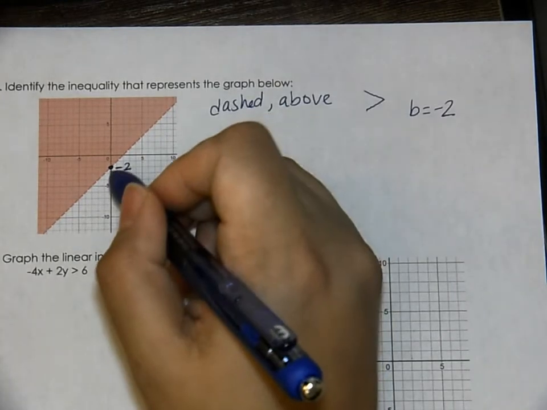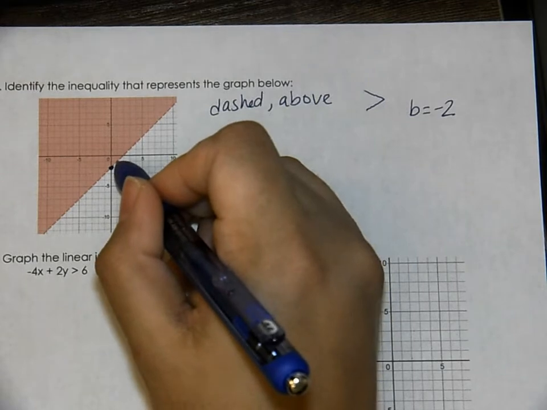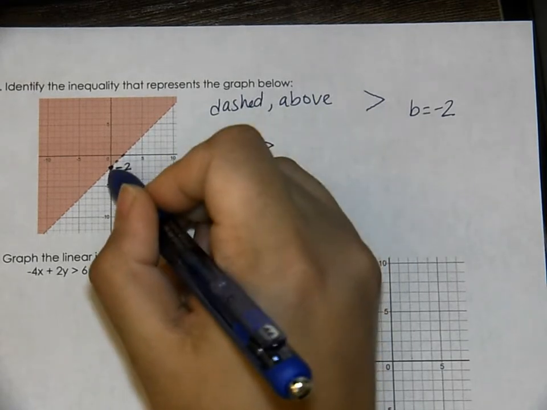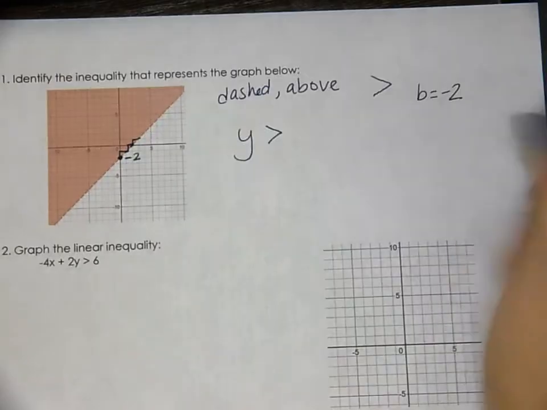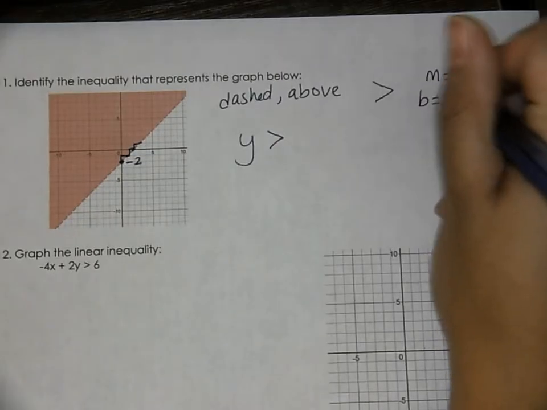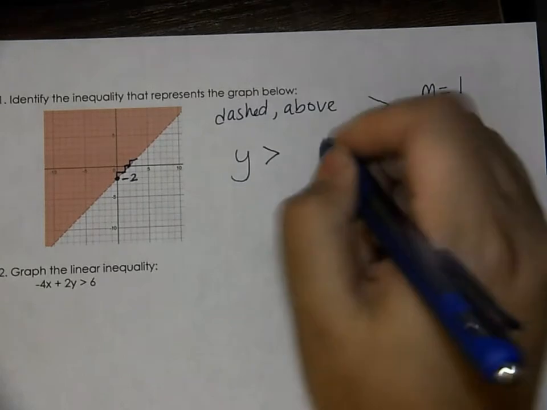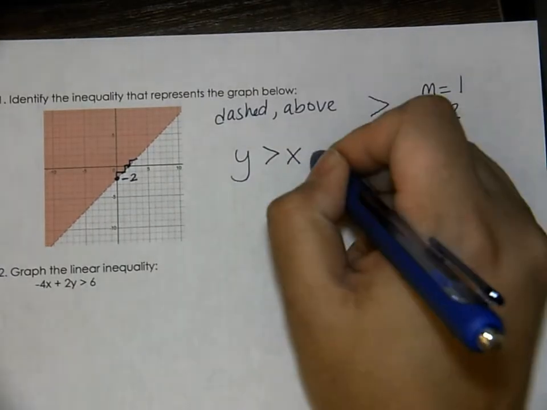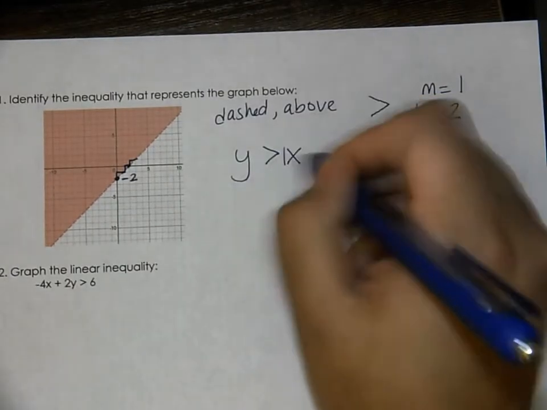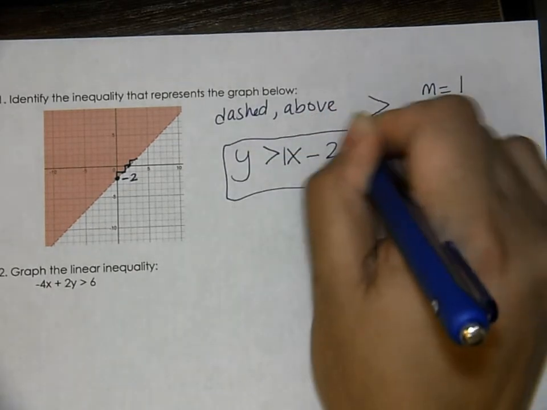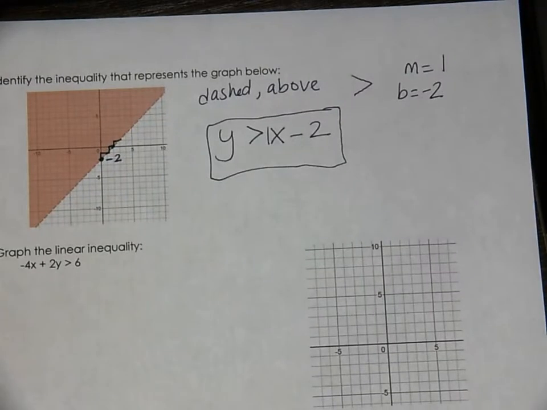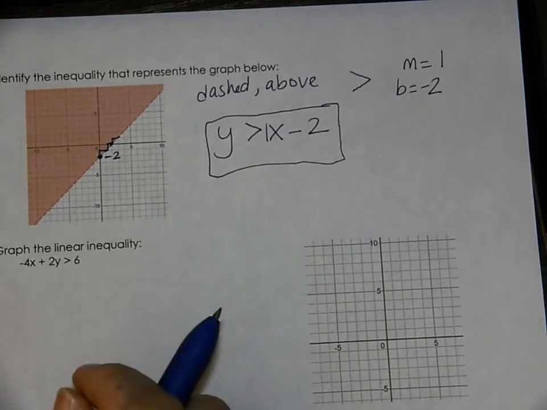It looks like it is at each point here, so it's going up one, right one, up one, right one, and so on. Since it's going up one and right one, the slope is 1. So my inequality would be y is greater than x minus 2, or 1x minus 2.